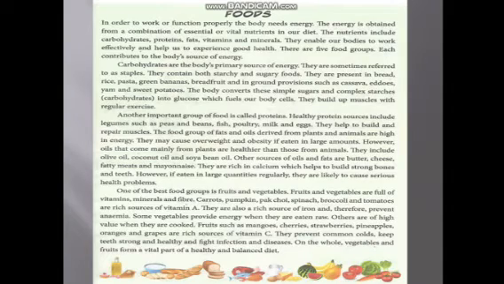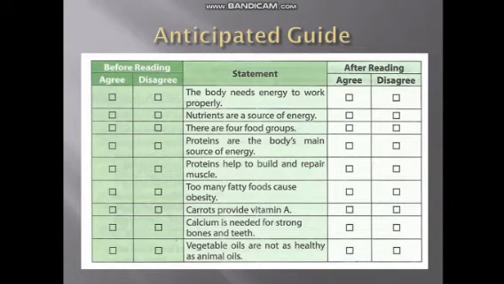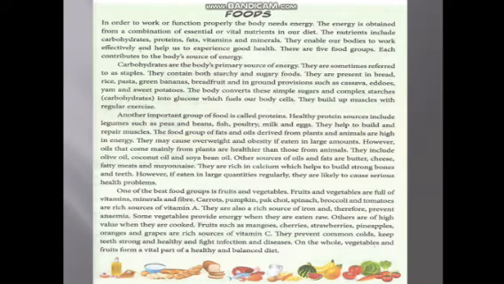Now another important group of food is called proteins. Let me look back on what we said. Proteins help to build and repair muscles. All right, let me see if I am correct. I said agree. All right. So another important group of food is called proteins.